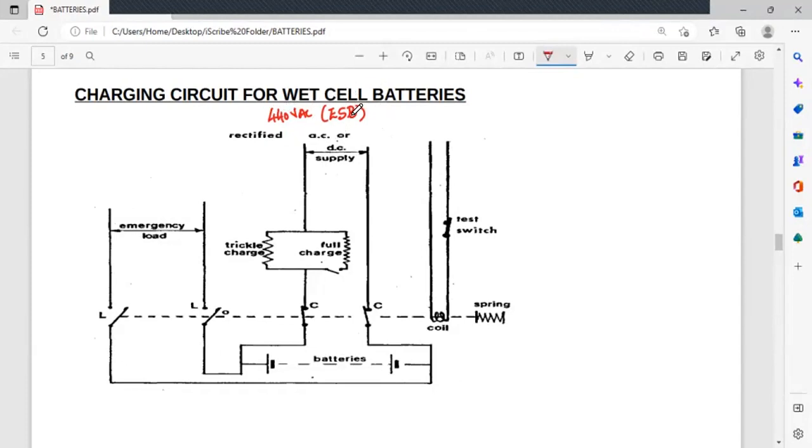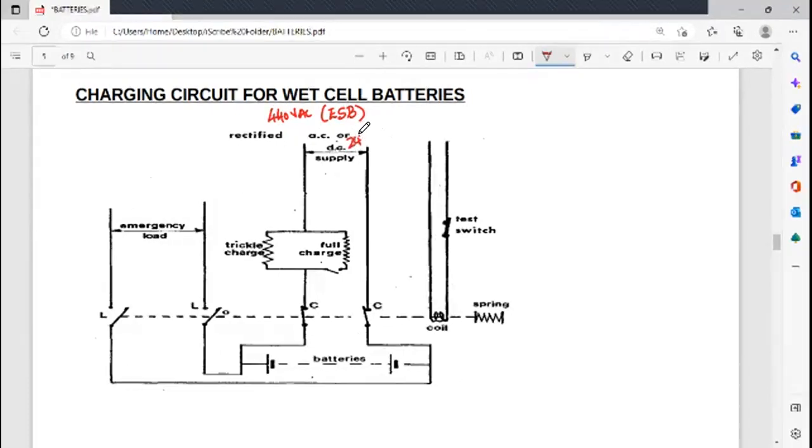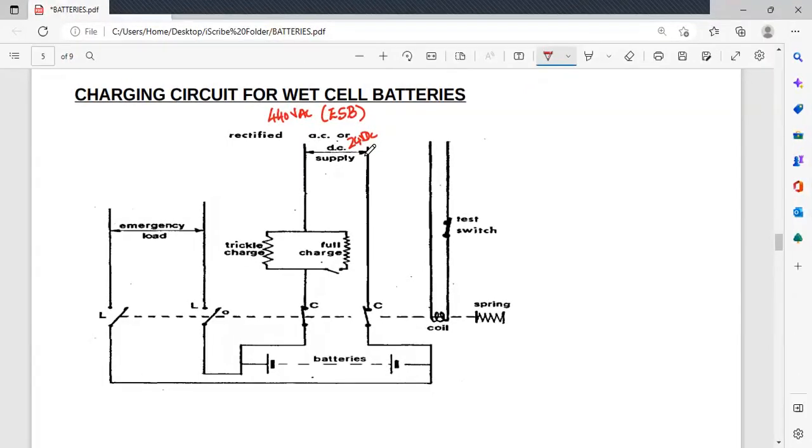It is rectified and stepped down to 24 volts DC, which is supplied between these two points. During normal supply times, this 440 volts is being supplied to the ESB via your MSB. We will see in the chapter on emergency generator how that is happening. We'll talk about that later.